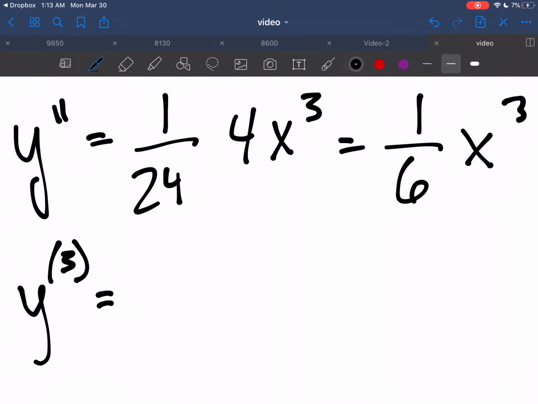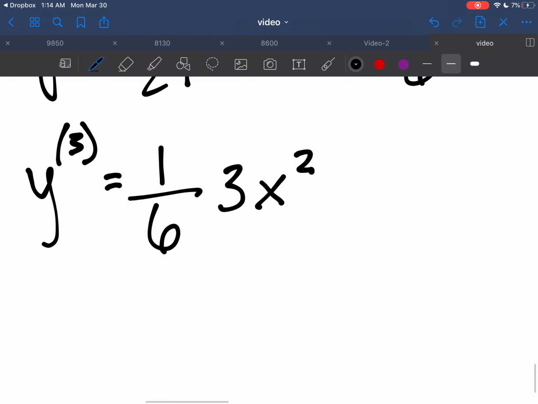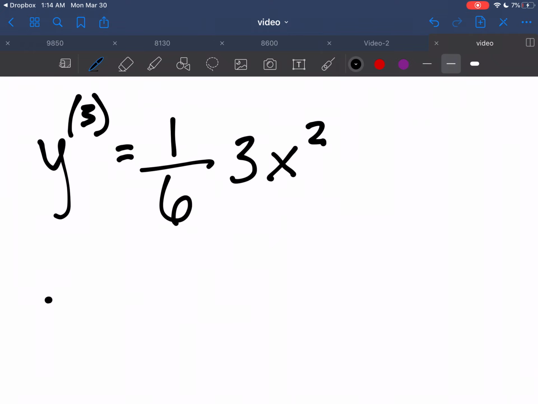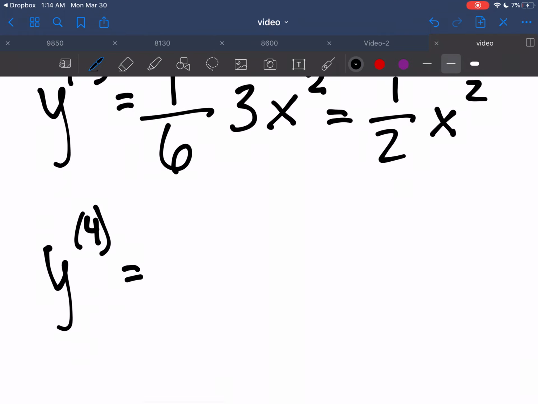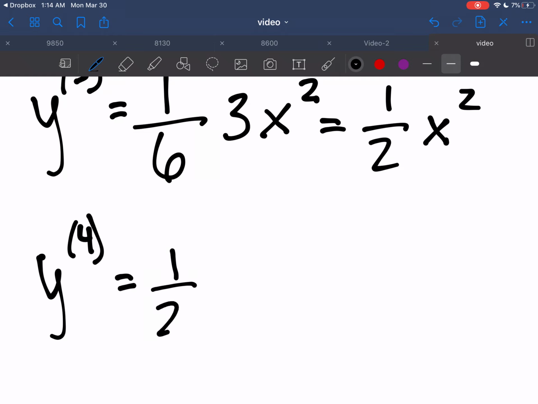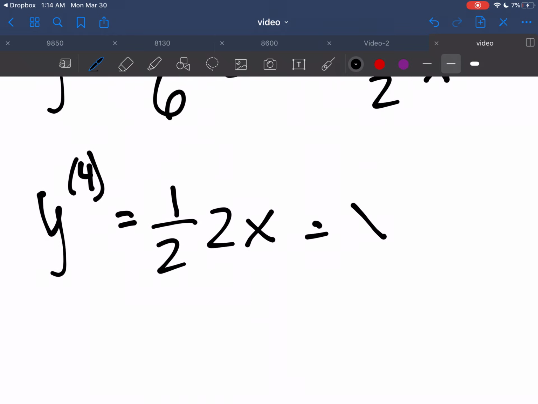And that's going to be 1/6 times 3x squared. And that becomes 1/2 x squared. All right, and then y to the 4th is equal to just x.